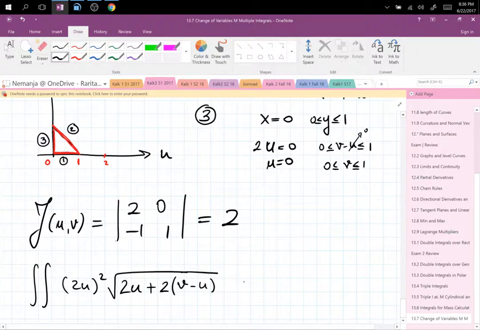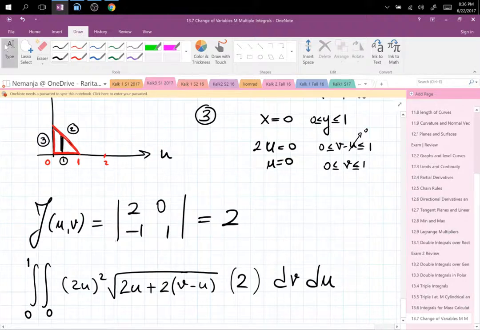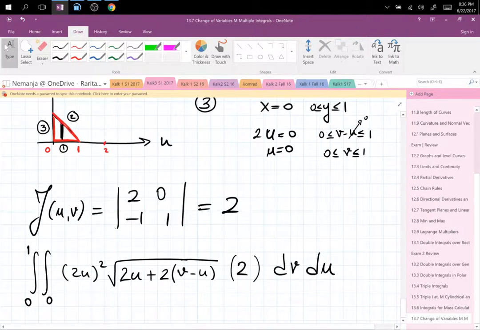And now times the Jacobian, which is 2. And then we have du dv or dv du. Now when you are looking at the problem, you want du to be the main one, which means v goes here, so u is going to be 0 to 1 on the outer limits, and the inner limits are 0 to the function, and the function was 1 minus u.